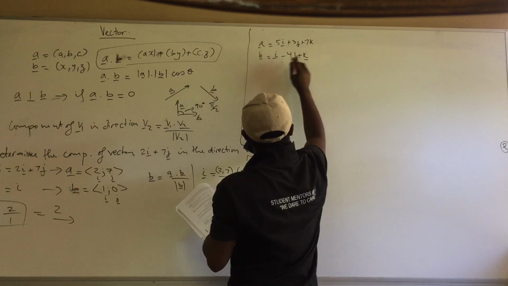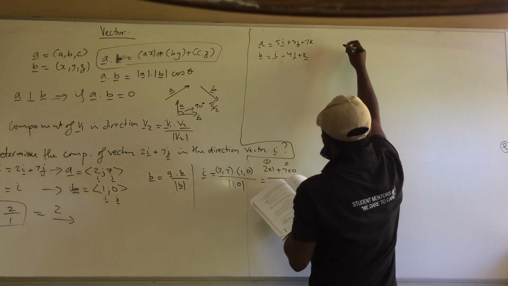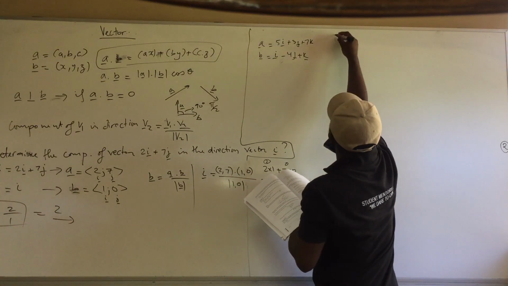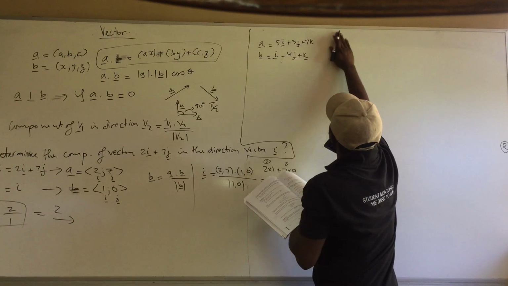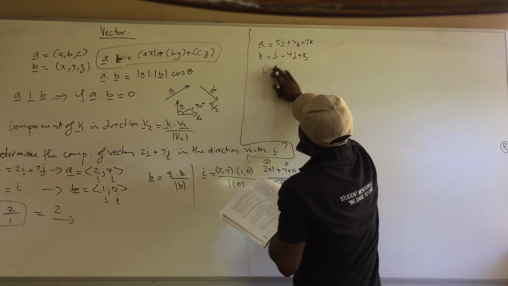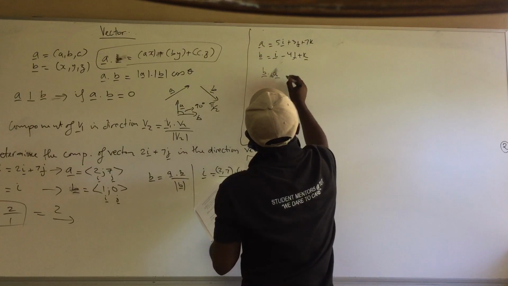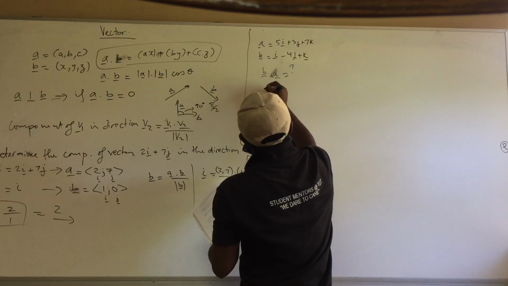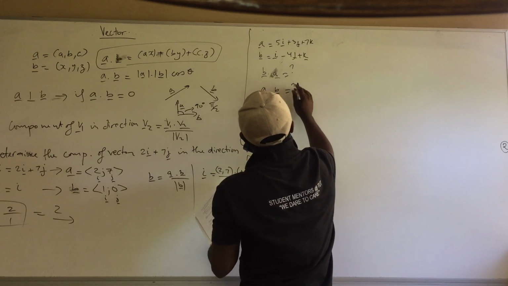Alright? And then they ask you to find B dot A. B dot A. Okay, equal to what? And I'm adding this one, A dot B. Alright?